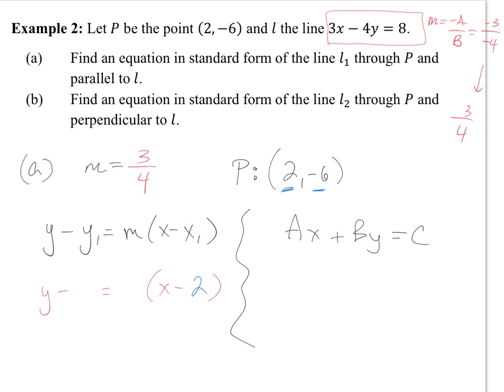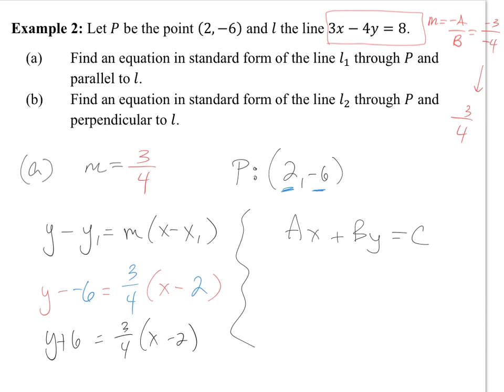Negative 6 for y, that goes in for y1. The slope is 3/4. That's what happens when you plug in a point slope. Obviously, y minus -6 is really y plus 6. You should recognize that right away.